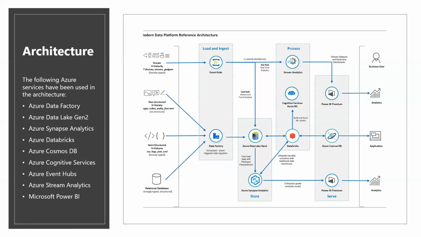So far we discussed relational databases, semi-structured data and non-structured data. So the last one, how do we bring this streaming data? We can use Event Hubs to bring the streaming data. So let's talk about each step.